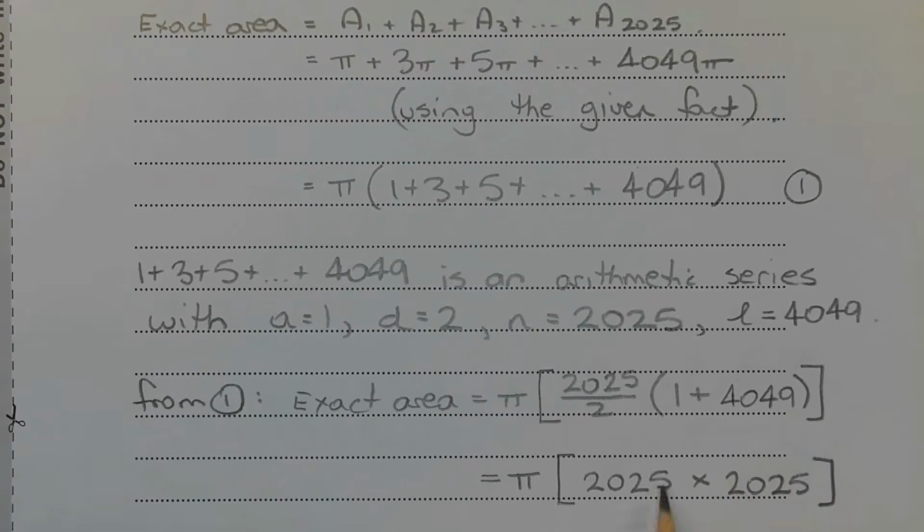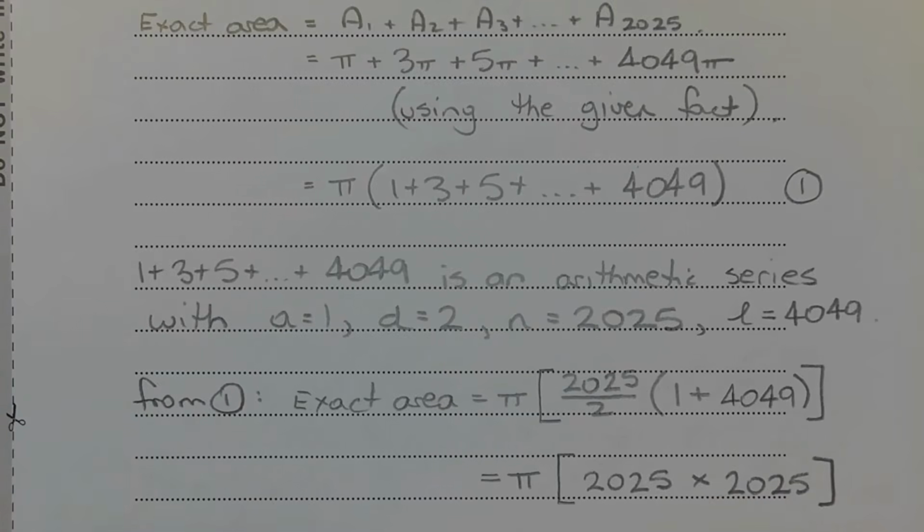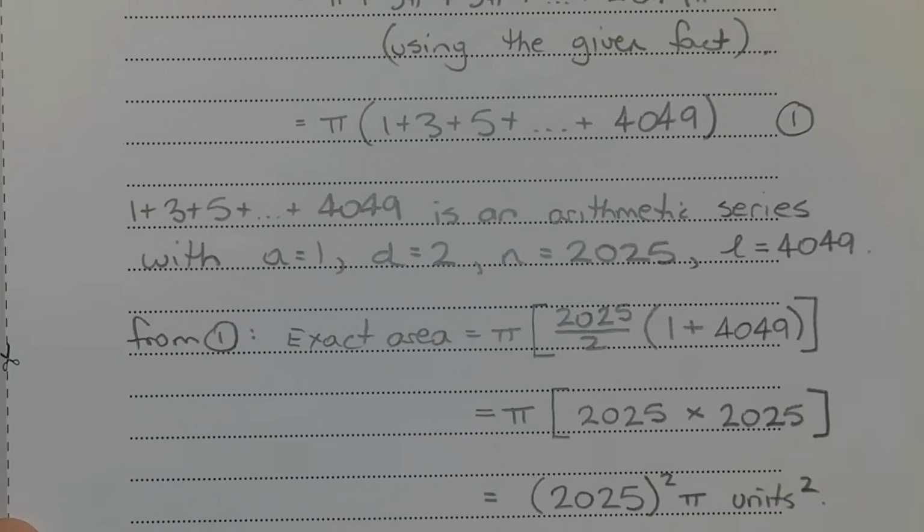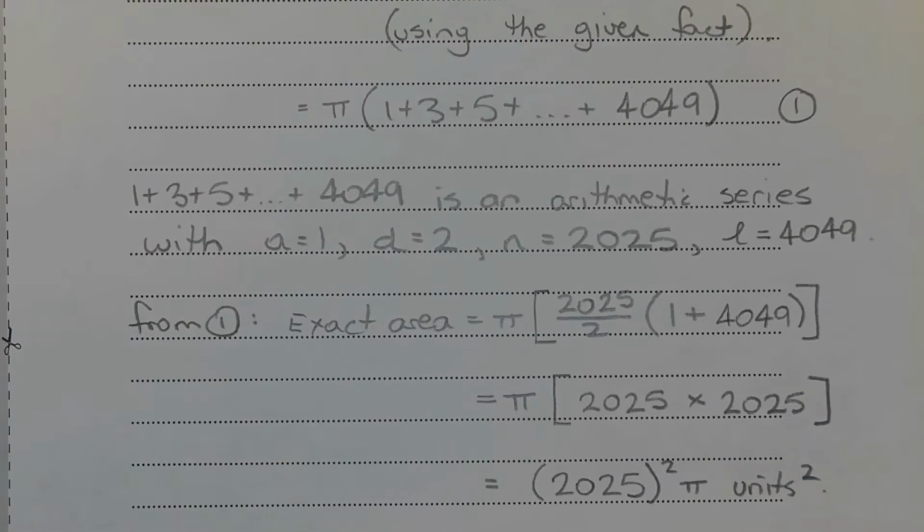Now you may be wondering about this. 1 plus 4049 is 4050. Dividing that by 2, we get 2025. So 2025 times 2025 is 2025 squared. So the exact area is equal to 2025 squared times pi square units.